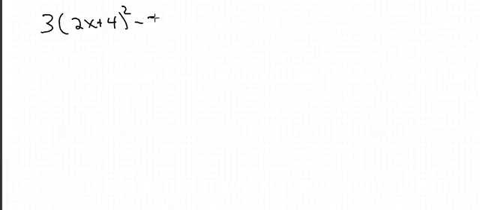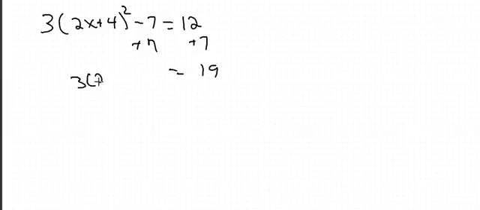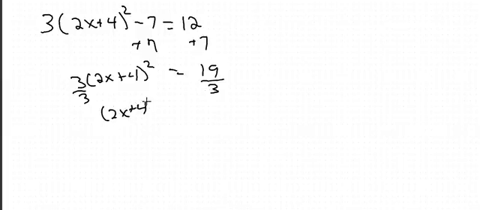Let's see. The next one is 3, and then in parentheses 2x plus 4 squared minus 7 equals 12. So first, would you add the 7? Mm-hmm. So 3 times 2x plus 4 squared equals 19. Then divide by the 3. So 2x plus 4 squared equals 19 over 3.